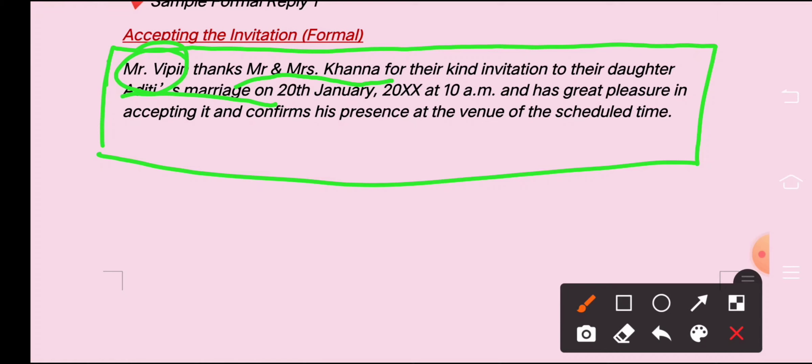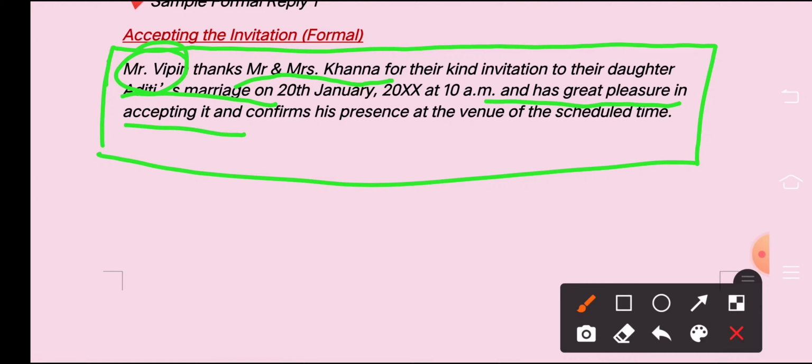Now the next thing you have to do is mention the acceptance or regret. Here you are accepting, so you will not mention regret here, you will just show your acceptance: "and has great pleasure in accepting it". This is the line, you have to learn it like this and write it exactly, so that there will be no chances of deduction of your marks.